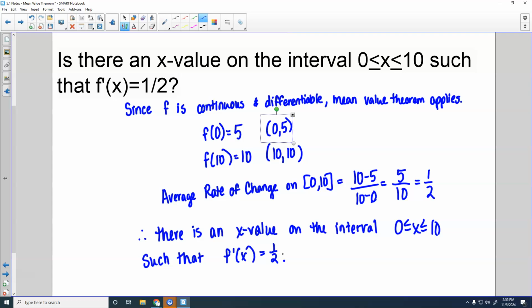Now, this problem does not ask us to find the c, nor would we be able to because we don't have the equation for it. So this would be where you would stop here.